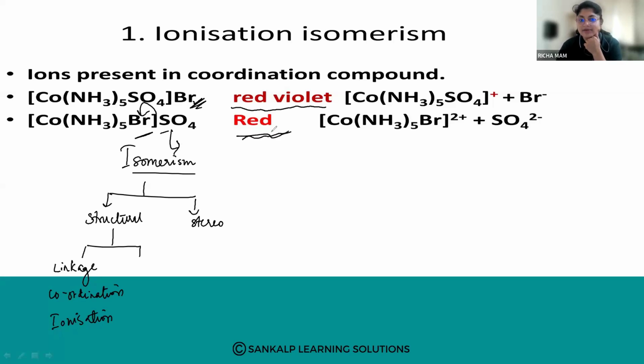Because of the change in the position of the ions, different ions are produced, so the complex color is also different. Here it is red violet, and here it is red. Please note it down. So this was about ionization isomerism.